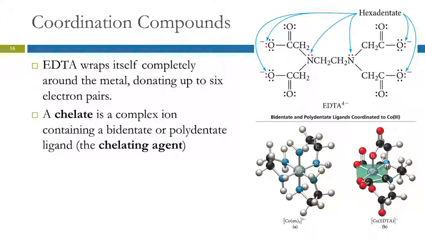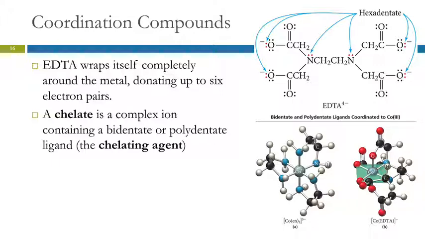Chelating agents are really useful because when you chelate an ion like this, it's generally going to be soluble in water. So some things that would normally not be soluble, you can make them soluble by adding chelating agents. And that's what some cleaners do.